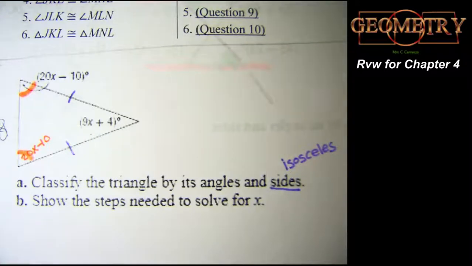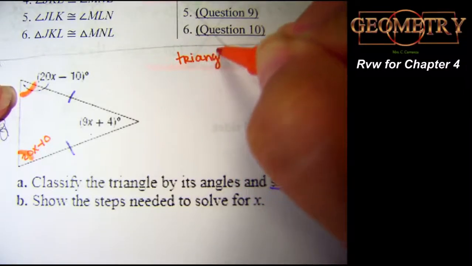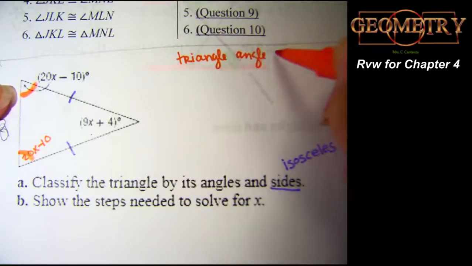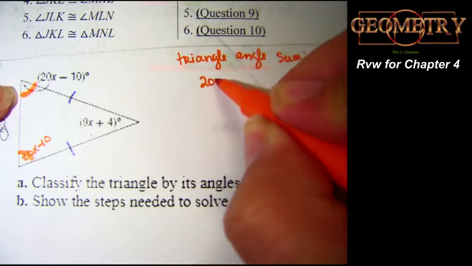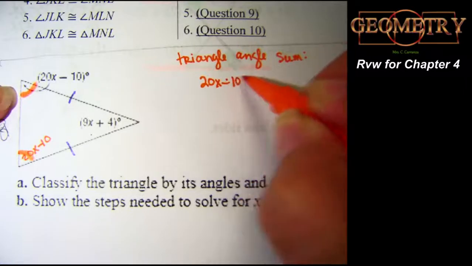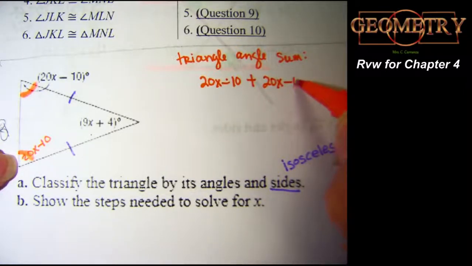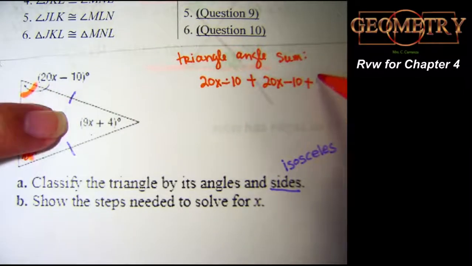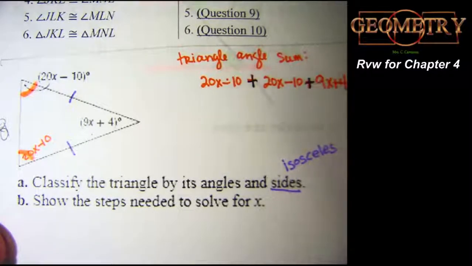Okay, so let's go ahead and solve for x. Once again, using my triangle angle sum, I would write this angle measure plus this angle measure plus this angle measure equals 180.